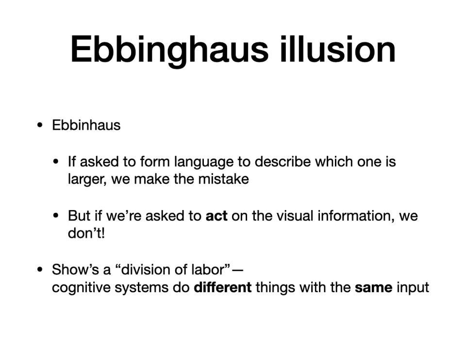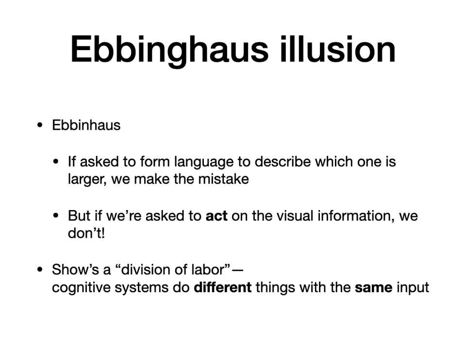It's called the Ebbinghaus illusion. So if we're asked to form language to describe which one is larger, we make the mistake. But if we're asked to just act physically on the visual information, we don't. This is interesting. I can't promise that last screen will produce this illusion. There are studies on this. Look into it if you're very curious.